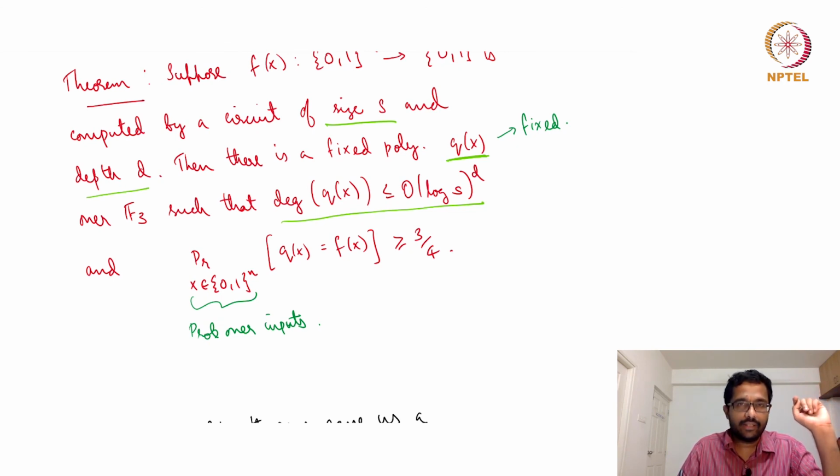It has the same degree, (log s)^d, such that if you choose the input randomly, the probability that the polynomial is not equal to f(x) is at most 1/4, or the probability that the polynomial equals f(x) is at least 3/4.